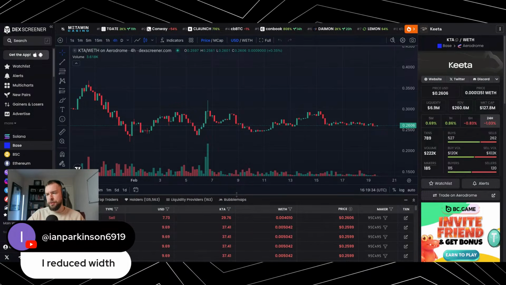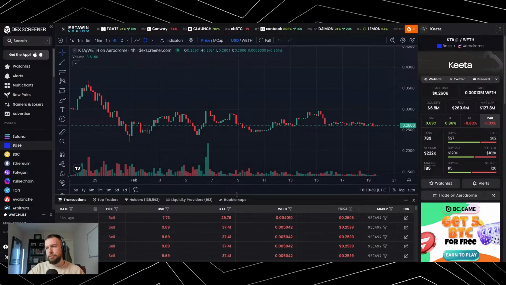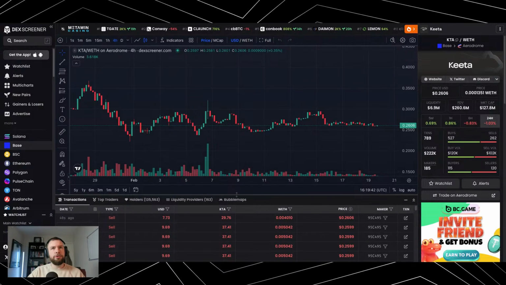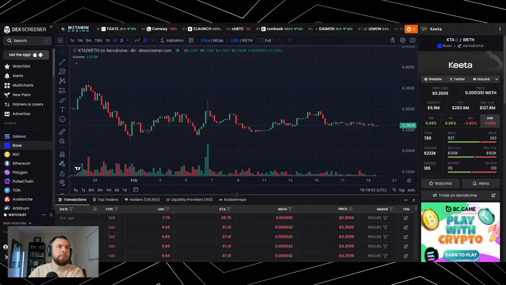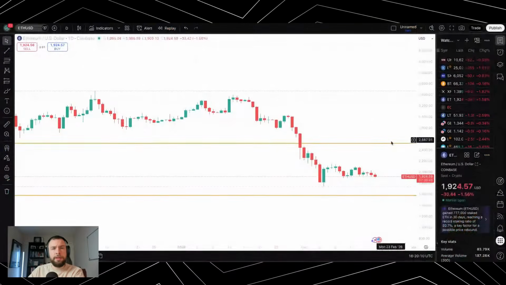Reduced width. So I presume, is it out of range? Has it gone out of range if it's reduced width? And if you are unsure what I'm talking about when I say reducing width, so this is what I mean.